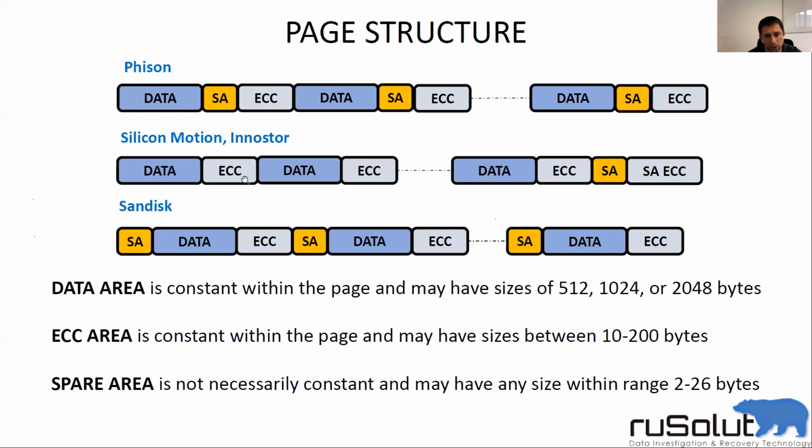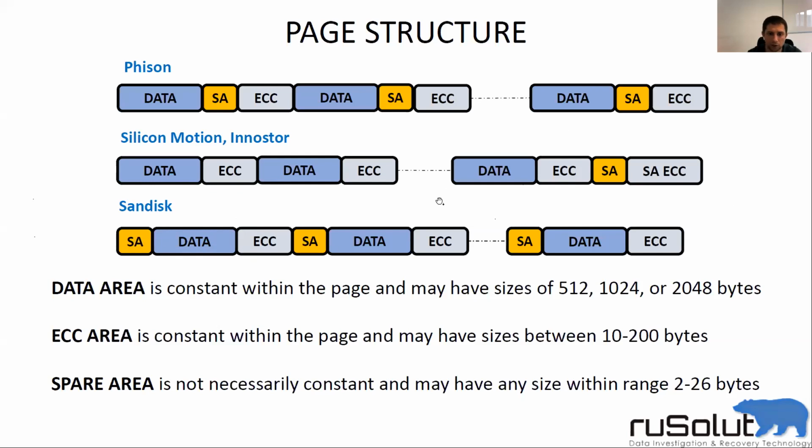However, ECC and service area may be different for different controllers. Sandisk has a little bit different structure. The page starts from service area, then data area goes, and then ECC. So it's a little bit inverted here. Service area goes first.